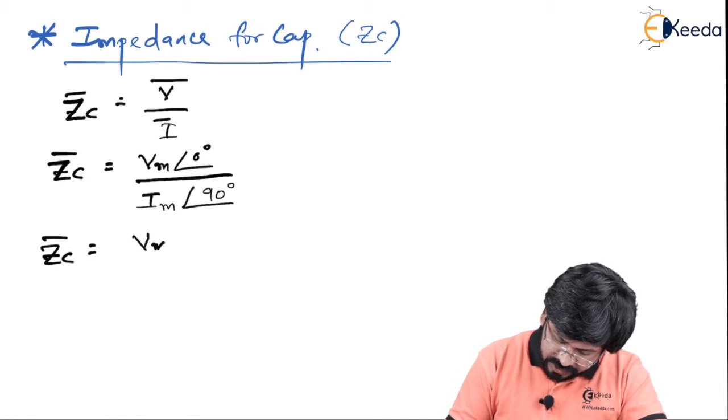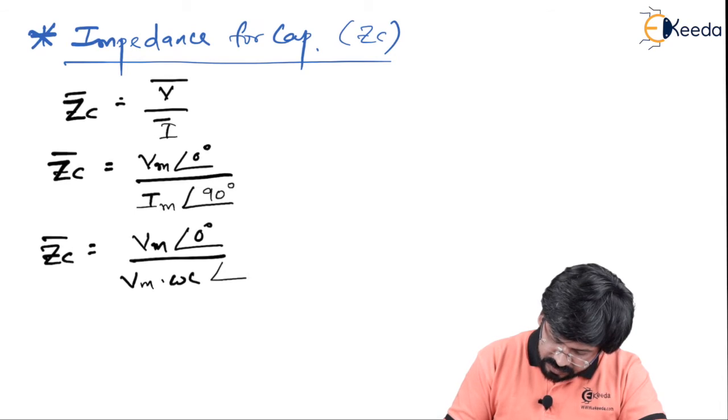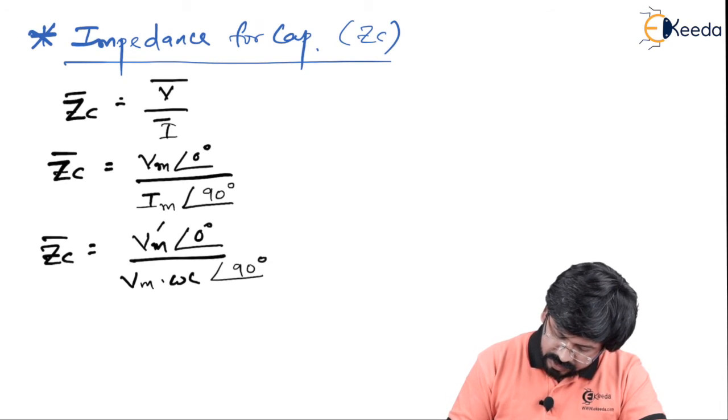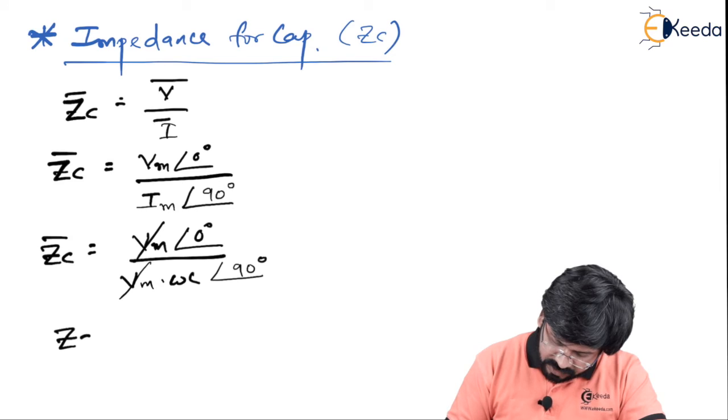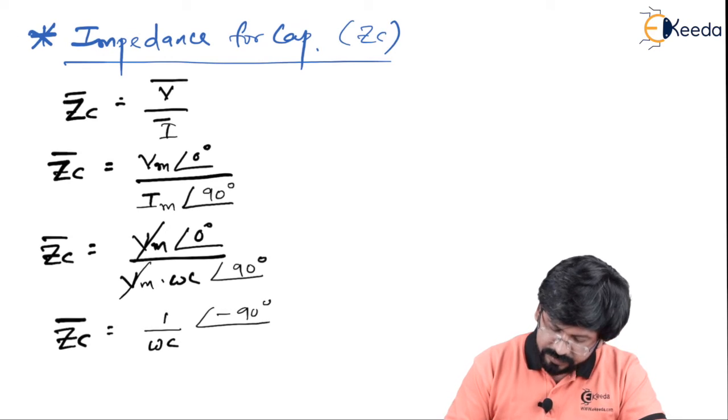ZC vector can be written as Vm at an angle of 0 degree divided by, if you remember, Im was Vm times omega C at an angle of 90 degree. Here Vm will get cancelled. So the remaining is ZC vector is 1 upon omega C at an angle of minus 90 degree.